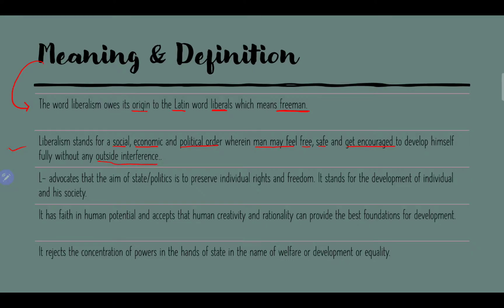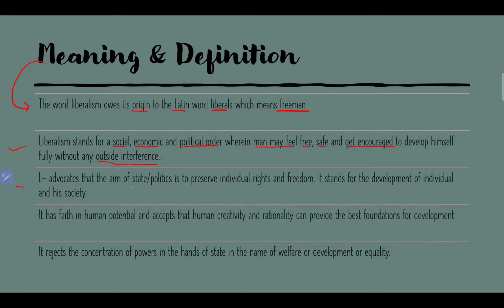We already know that an ideology is a blueprint of social order. So liberalism stands for a social, economic, and political order where, if the state gives us a free and safe environment and encourages us to develop fully without any interference, it stands for liberalism.